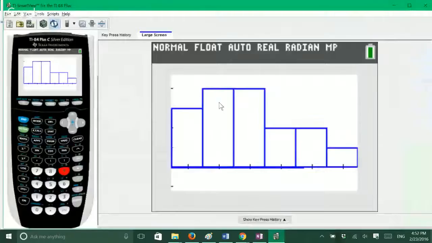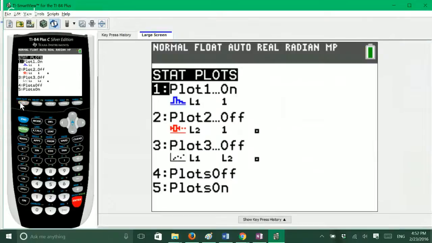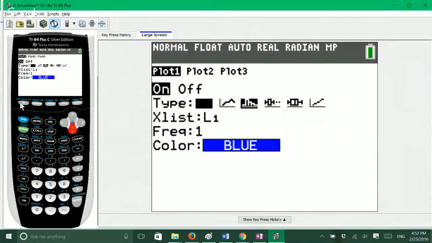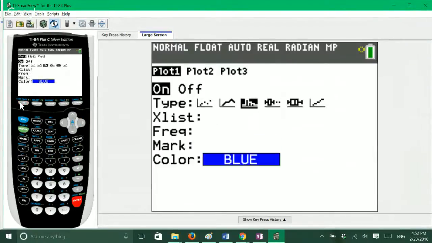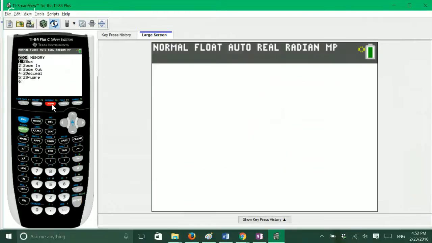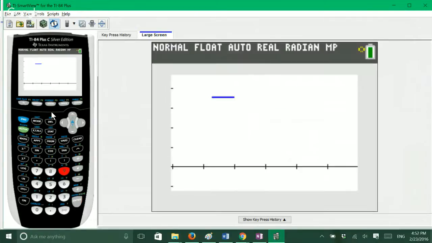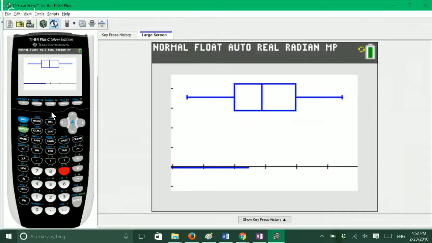Next we're going to look at the box plot with outliers. The main reason for this check is to see if there are outliers. Look at that, no outliers. Let's get rid of that other graph.